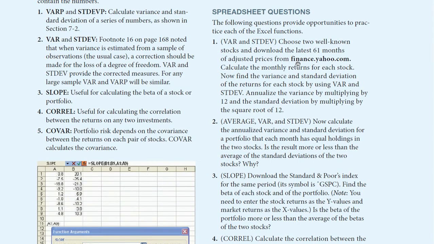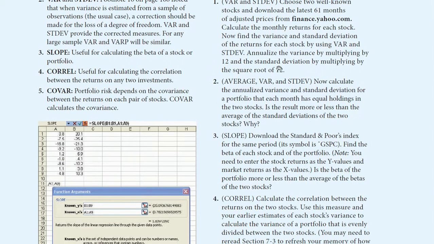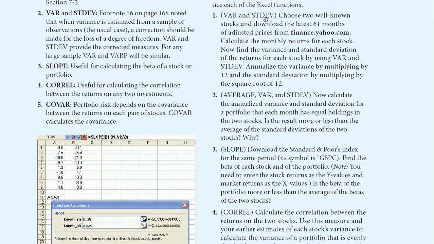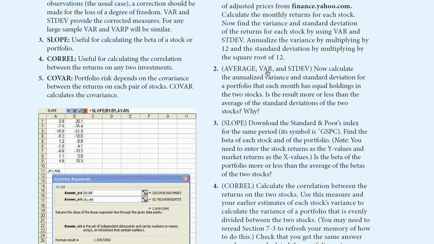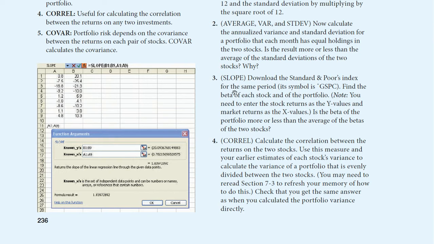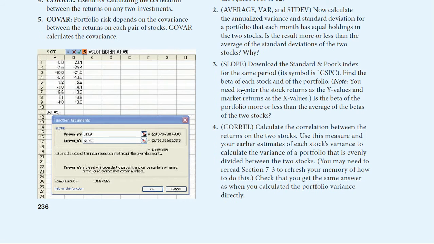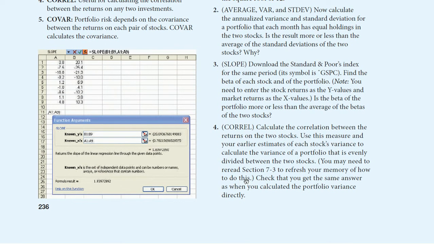You can download the data from finance.yahoo.com to calculate the variance and standard deviation of the data, and then calculate the beta and the correlation coefficient.